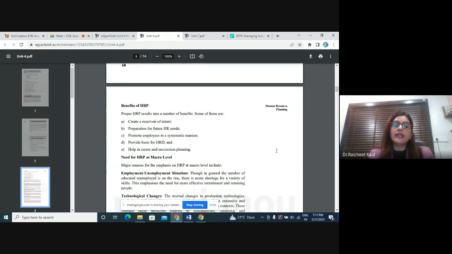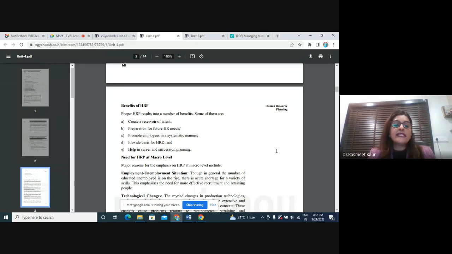You can prepare the HR for the future needs. You don't have to run for HR if there is any kind of immediate requirement. You know that in future, after a period of time, you require potential employees who are going to take up certain assignments.